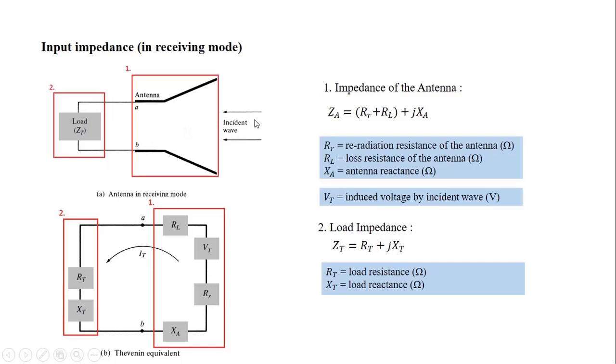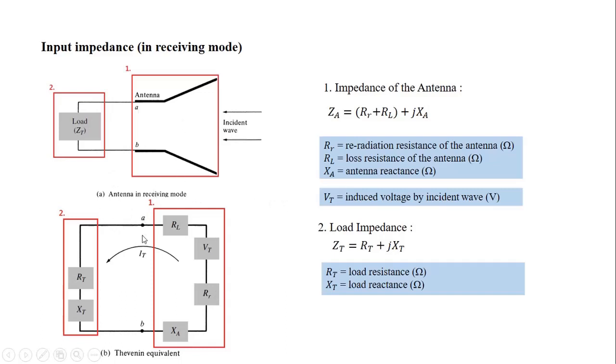Whenever these incident waves impinge on the antenna, they induce a voltage. That voltage is denoted by Vt, which is very much analogous to the voltage Vg of the generator in the transmitting mode. So this is the antenna in receiving mode.